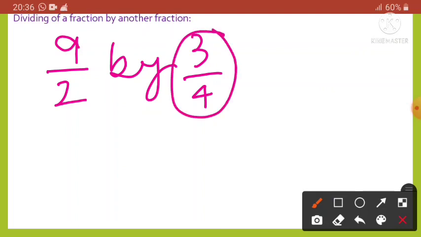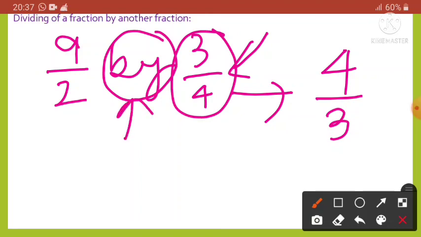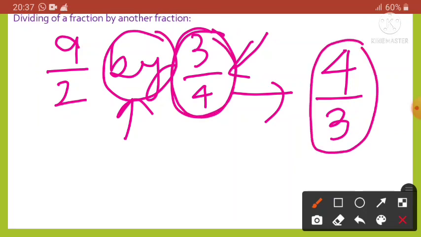The fraction which is after the word by, we have to make it into its reciprocal. So what will be the reciprocal of 3 by 4? That is 4 by 3. We just have to interchange the position of numerator and denominator.